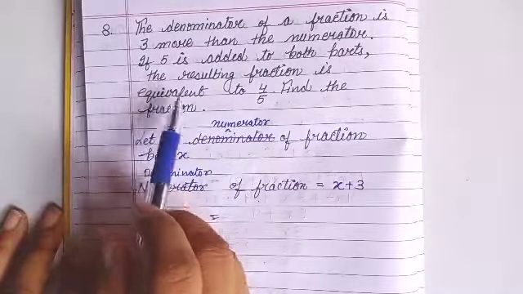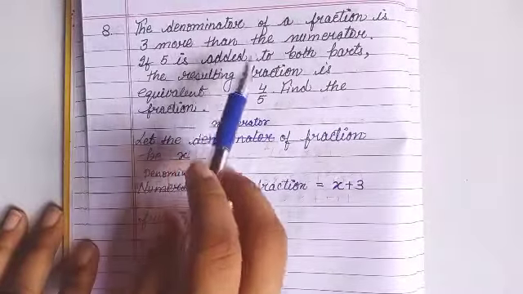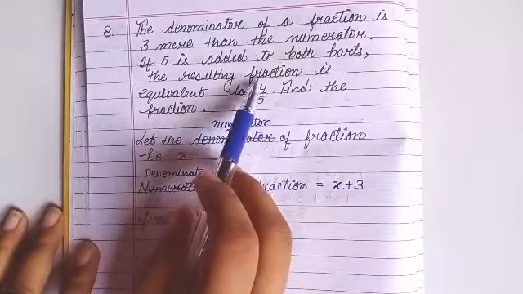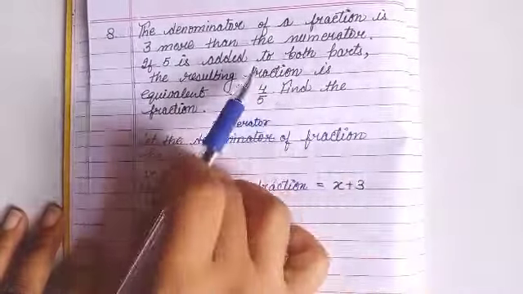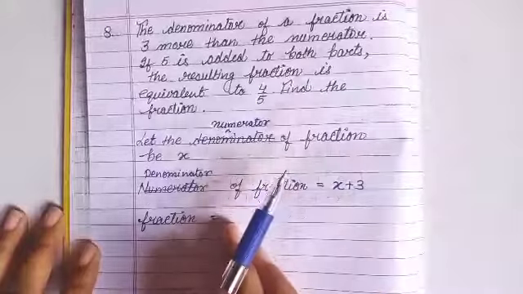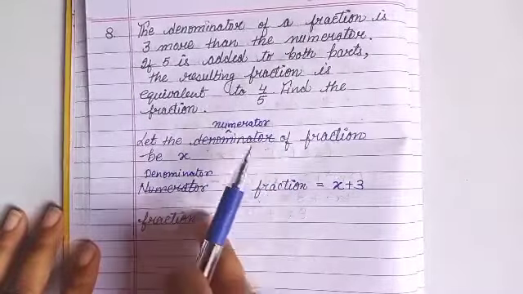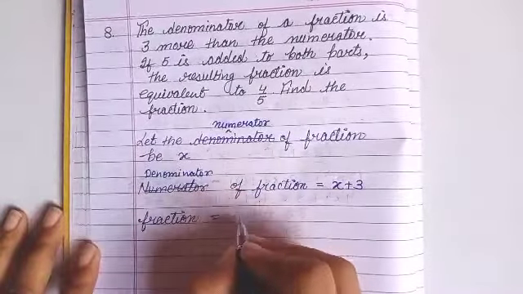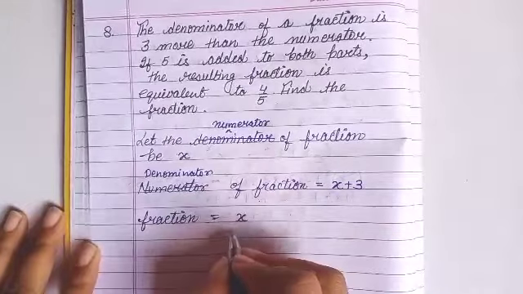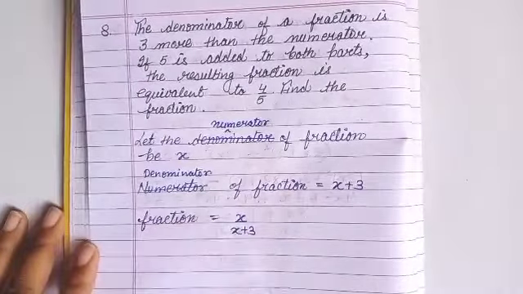Now they said if 5 is added to both the parts of the resulting fraction, what will be the fraction? Numerator upon denominator. Numerator is x and denominator is x plus 3, right?